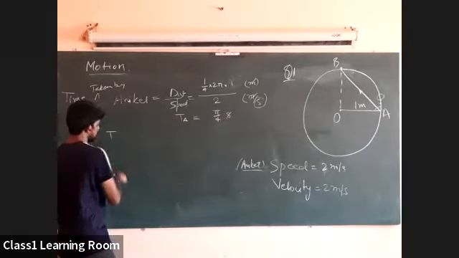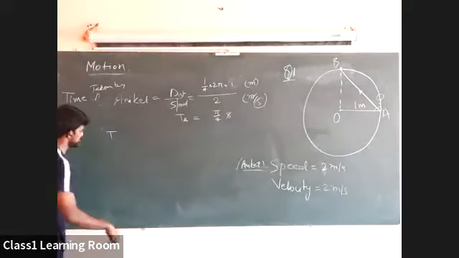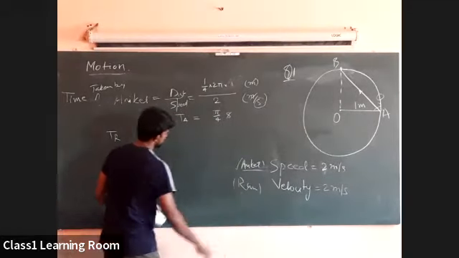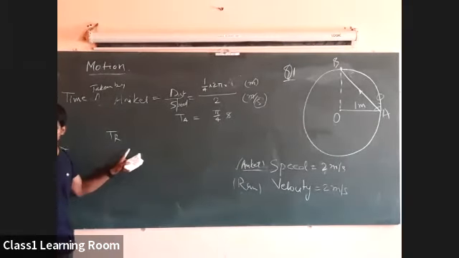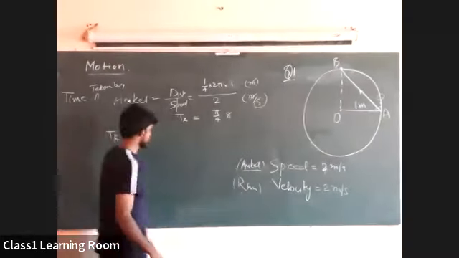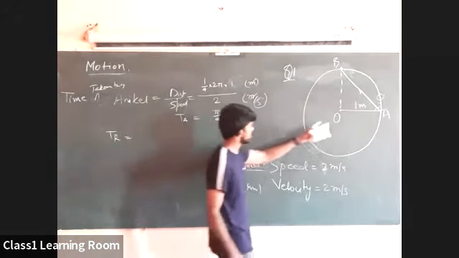Now time taken by whom? Ram. Because I've written Ram here. So time taken by Ram will be what? AB. Right? How you will use the Pythagoras theorem?